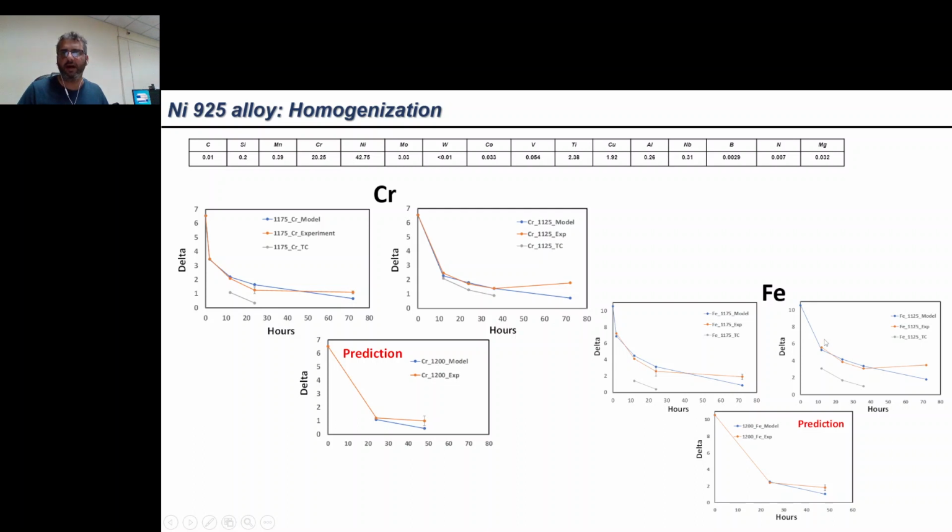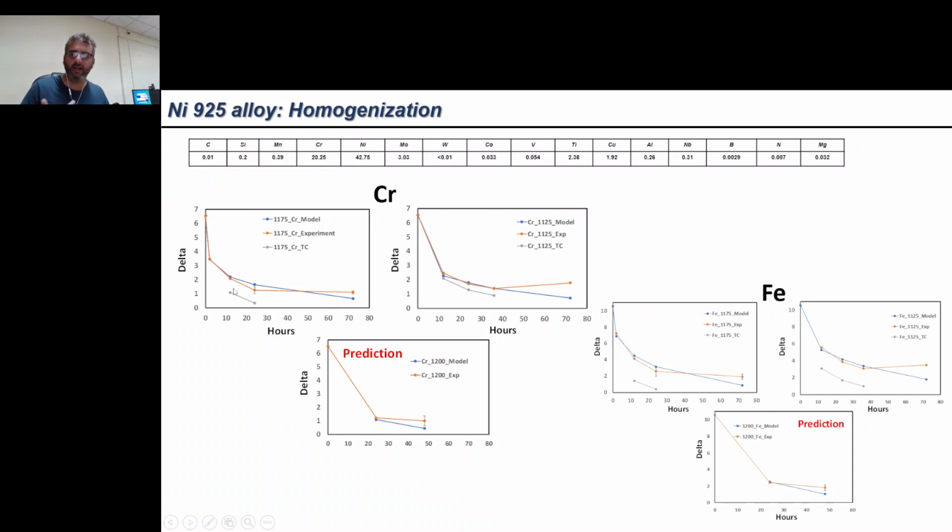As you can see, we performed this type of calculation and comparison with the experimental data for chromium, iron, molybdenum, titanium. I've shown the results for chromium and iron, and you can see that the comparison between the model and the experiments is reasonably good, but when you see the Thermo-Calc calculation, Thermo-Calc is overpredicting the delta.